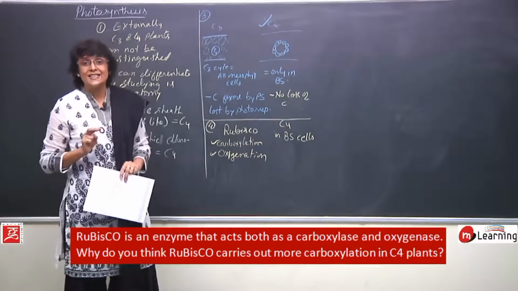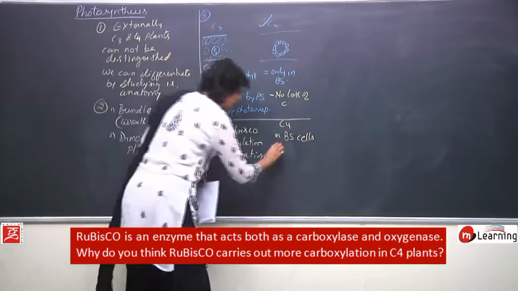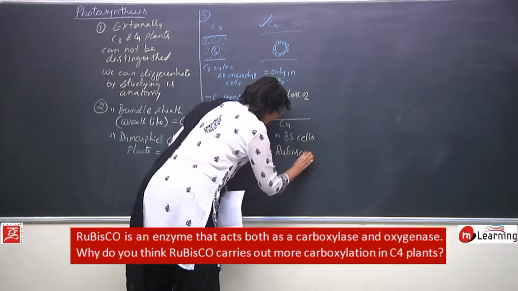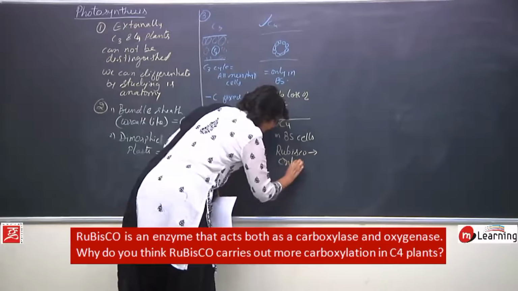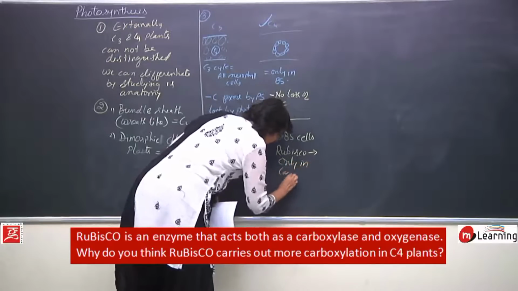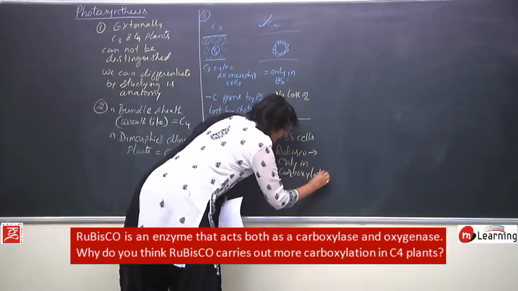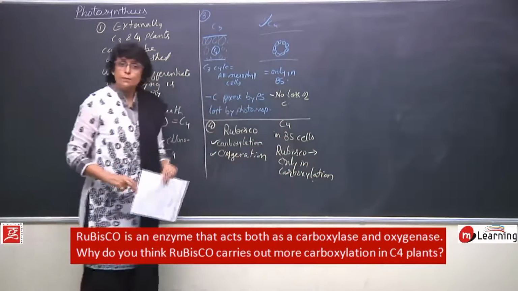So, Rubisco is acting as only carboxylase. So, this Rubisco helps only in carboxylation.